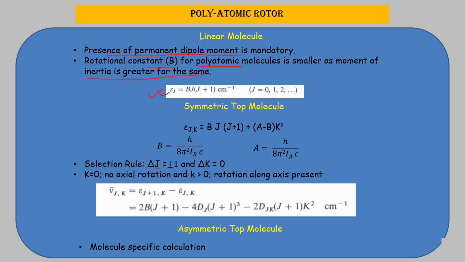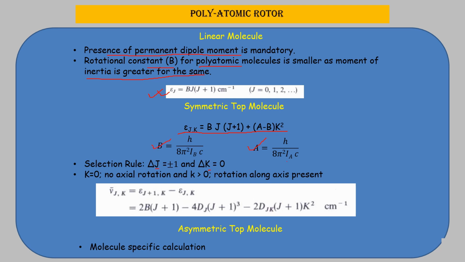So the equation is modified a bit here, and epsilon_JK, as two rotational constants are present, equals BJ(J+1) plus (A minus B)K squared, where B carries the same value, and A is the corresponding term with respect to IA.